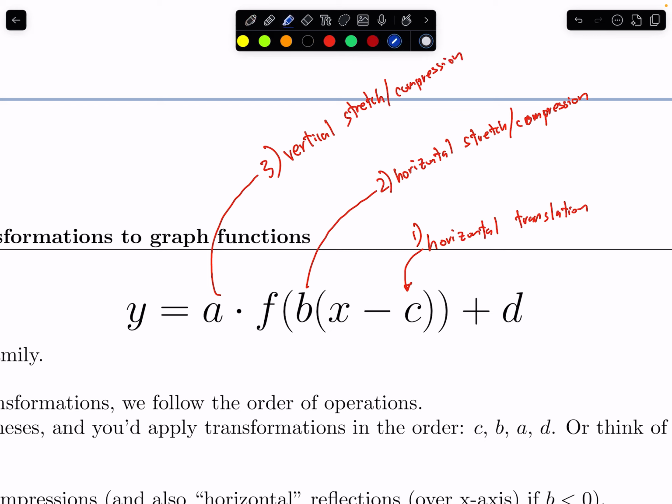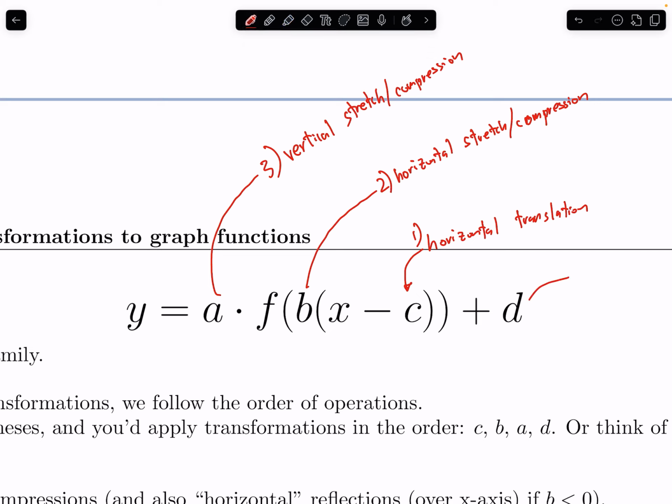I honestly, personally, very rarely even use a horizontal stretch or compression if I can avoid it. If it's at all possible, I try to pull this out as a vertical stretch or compression using algebra before I start to write my thing, if it's simple and easy. But yeah, okay, never mind that.